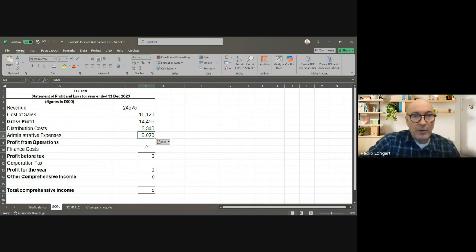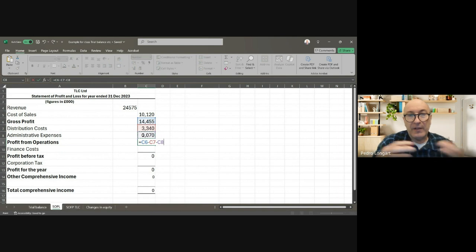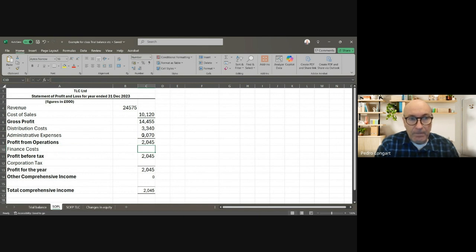And then your profit from operations will be your gross profit minus your distribution cost minus your administrative expenses, and that will give you 2,045 pounds. Okay, 2,045. Remember, there are 3 zeros. That will mean that it's 2,045,000.